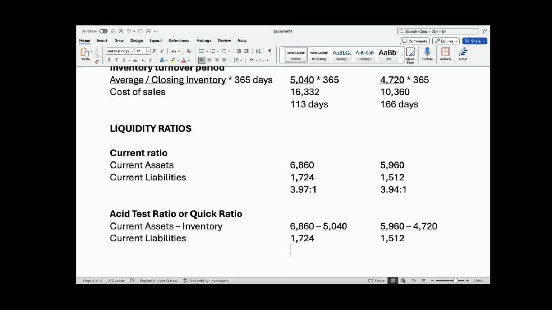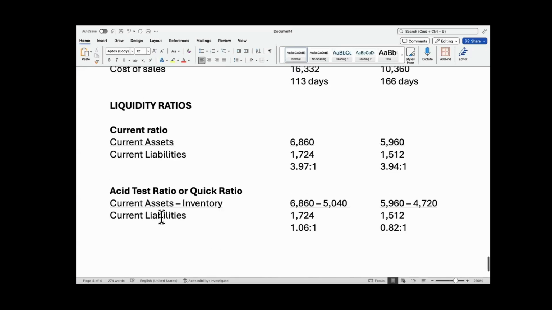So how much are you looking at now? 1.06 for 2023. Okay, how about 2022? 0.82. Any other liquidity ratio?